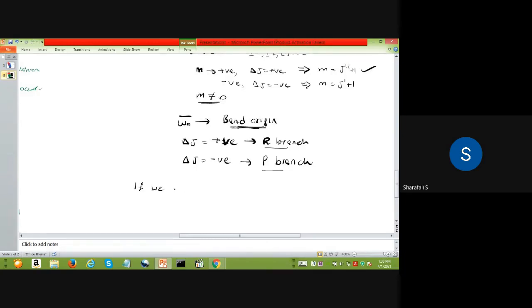If we consider that centrifugal distortion constant, which we discussed in the rotational spectra, and include that with this expression, then your delta epsilon j comma v will be like omega 0 bar plus qbm minus 4dmq.